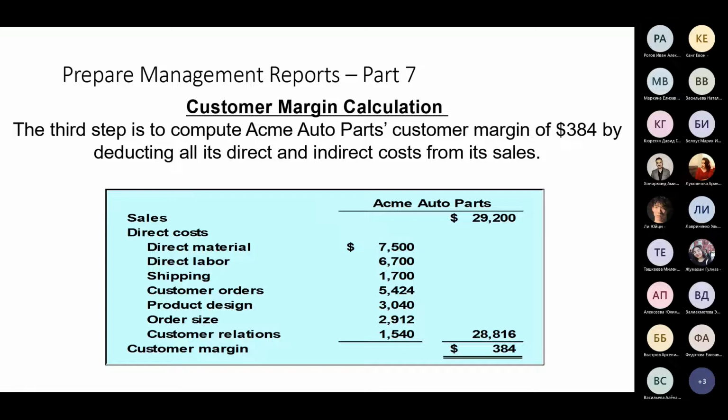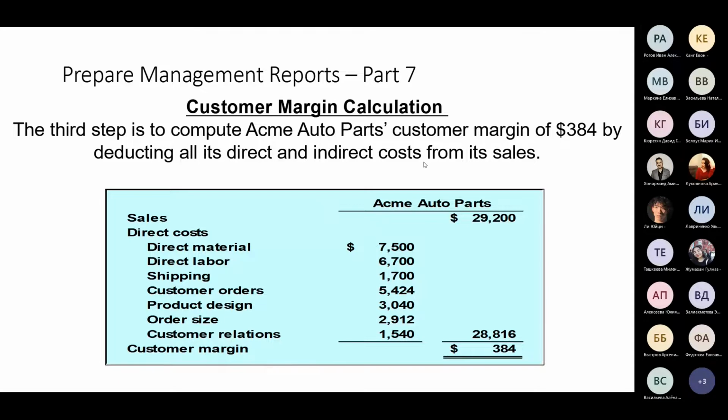So actually, these are two types of margins that are used by different companies in order to understand the decomposition of sales and the profitability of different segments related to different products and to different customers.